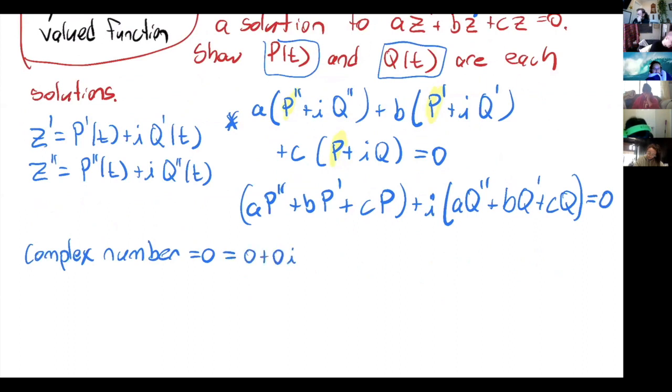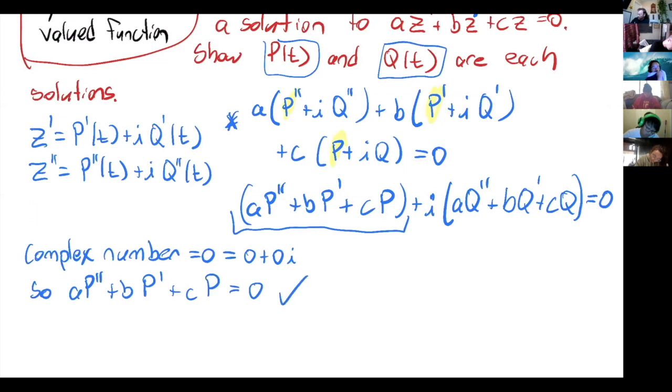And so let me just say that if you have a complex number which is equal to 0, that means both the real and the imaginary parts have to be 0. So here's the real part. That comes from matching up the real parts. And then we also have that the imaginary part, which is a q double prime plus b q prime plus c times q, is also equal to 0.